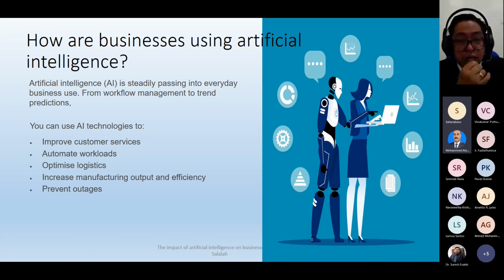Prevent outages. This might be serious, because of the use of anomaly detection, where there are algorithms that identify patterns that might likely disrupt a business, which means there will be an IT outage. So specifically, AI software may also be helpful for you to detect detailed security intrusions.